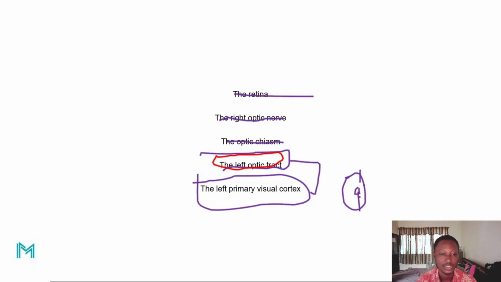So if that question went on to say that there was macular sparing, then obviously it's going to be this. All right. So I hope that gave you some information on how to answer these questions on visual defects that arise in the visual pathway. All right. Thank you.